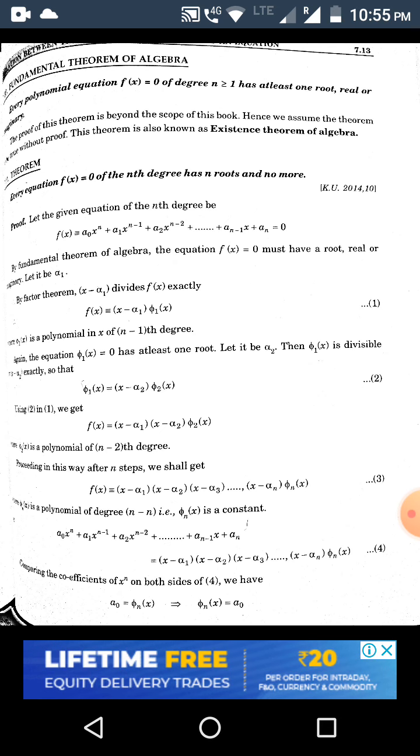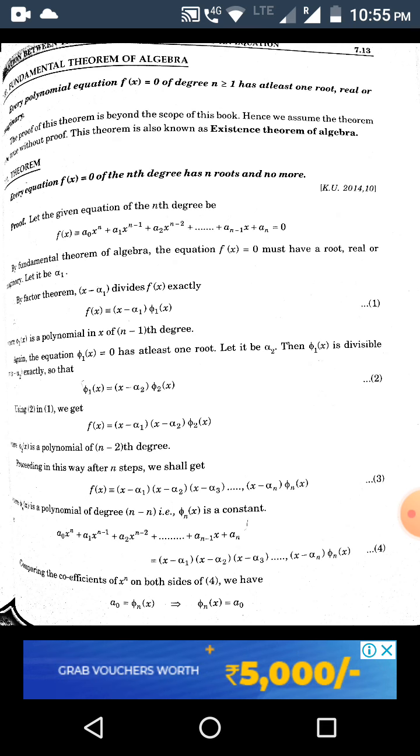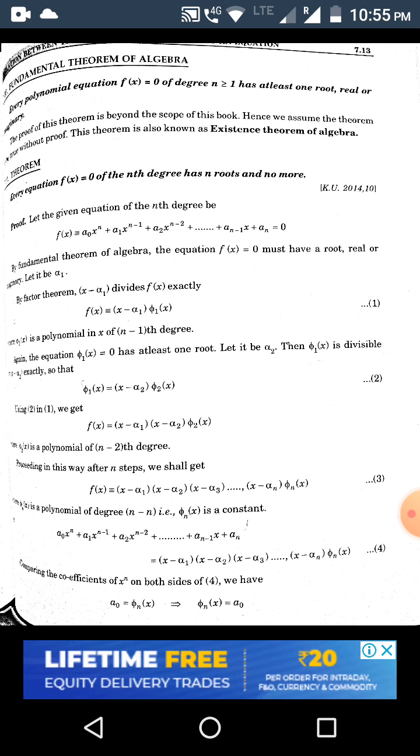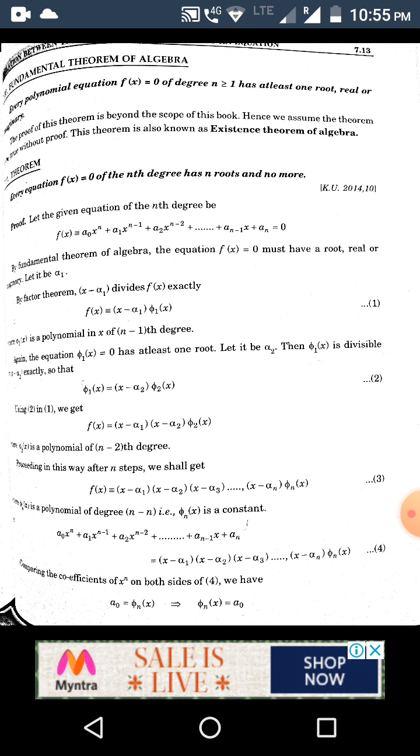Phi 2(x) equal to 0 is an equation of degree n minus 2. So by the fundamental theorem again, phi 2 has a root, and taking that root as alpha 3, we continue the same steps. By continuing the same steps, we get f(x) equal to x minus alpha 1, x minus alpha 2, x minus alpha 3 into phi 3.